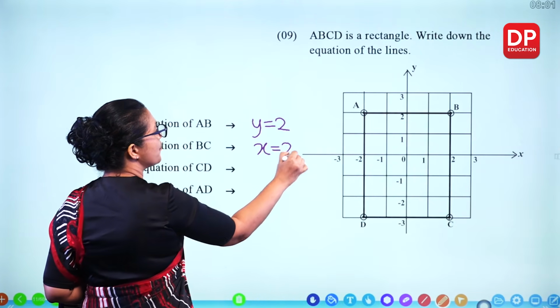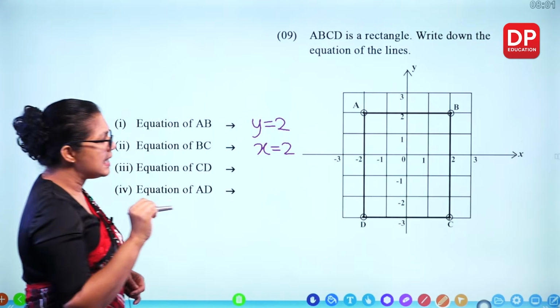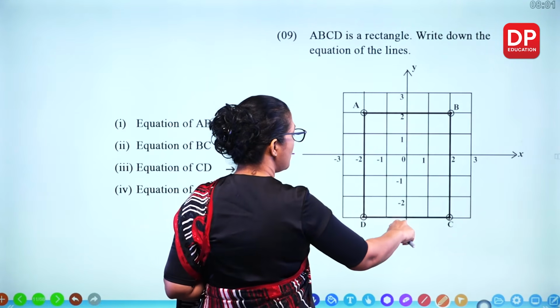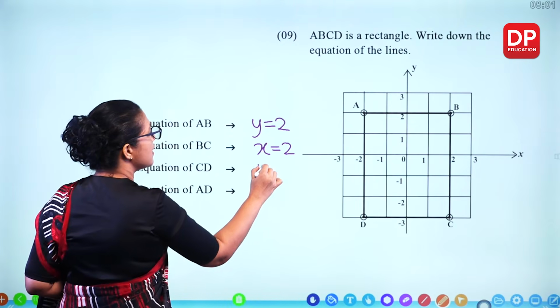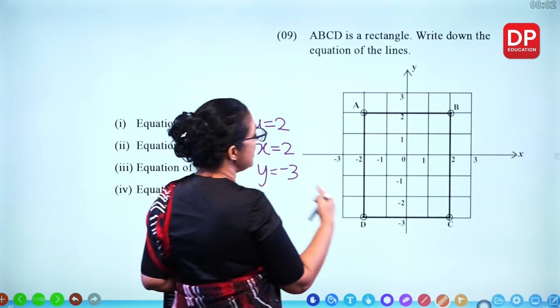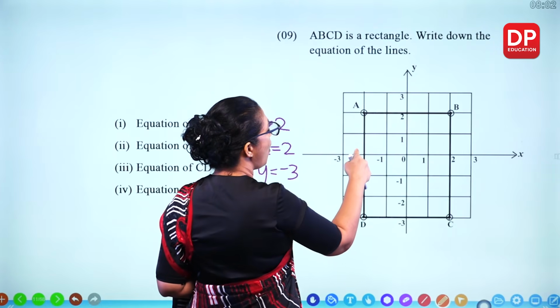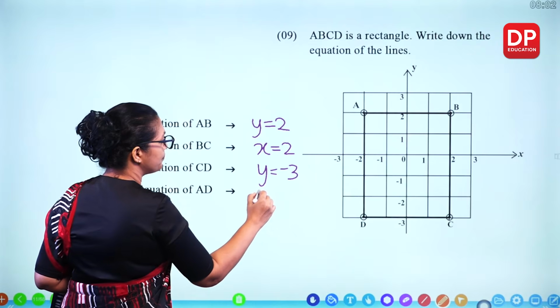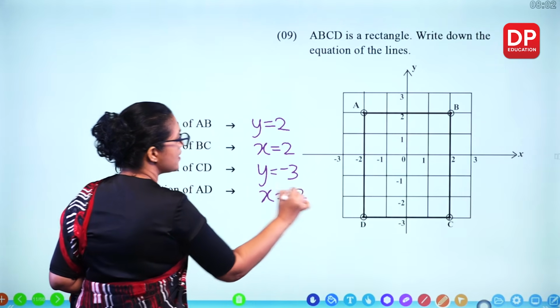X equals 2. Equation of CD, it's a horizontal line, always the y value is minus 3. Y equals minus 3. And AD is a vertical line, always the x value is minus 2. X equals minus 2.